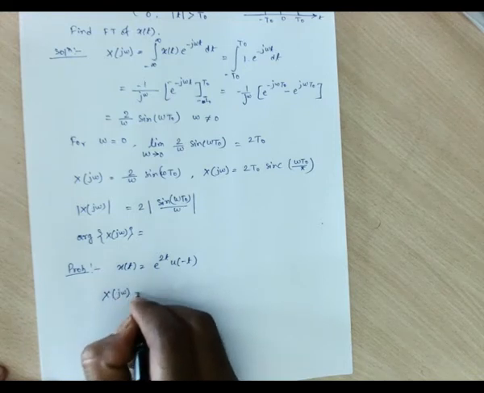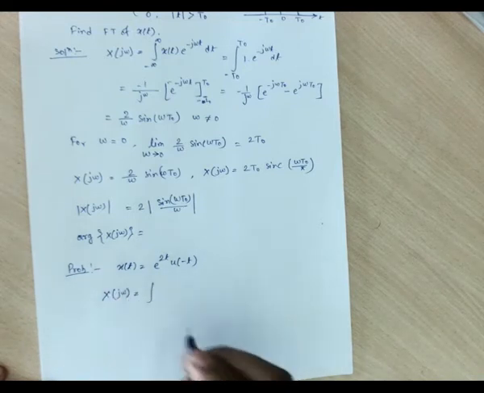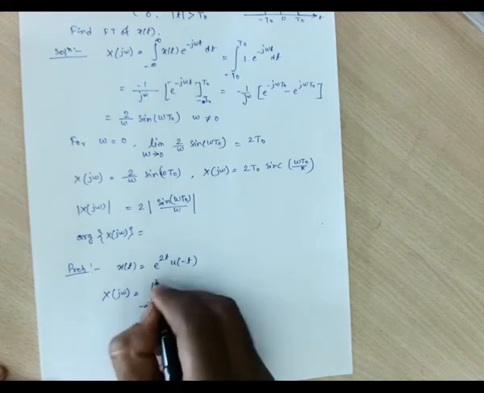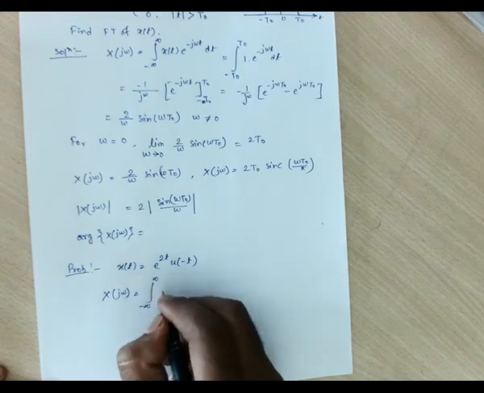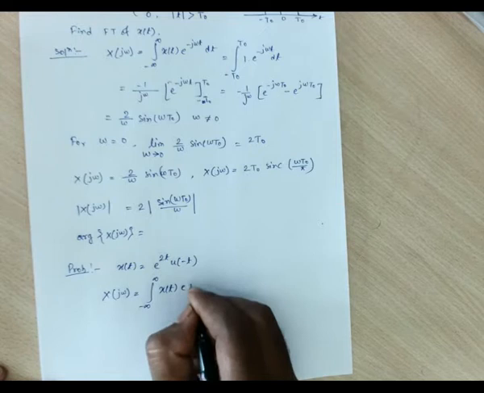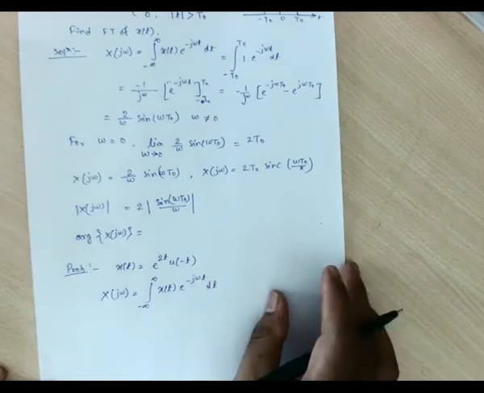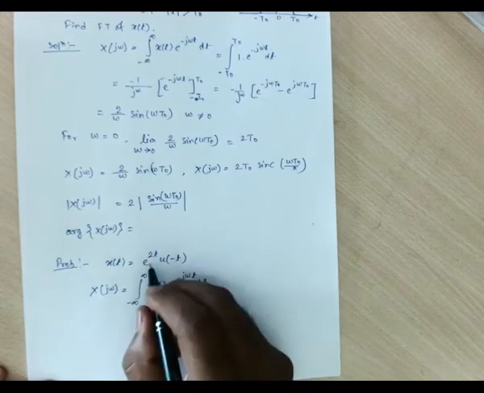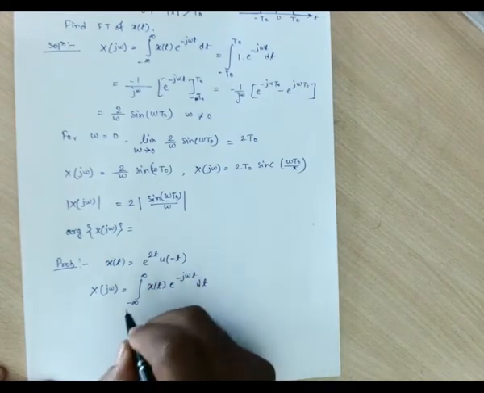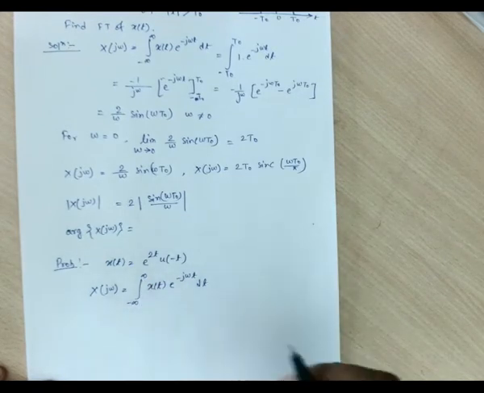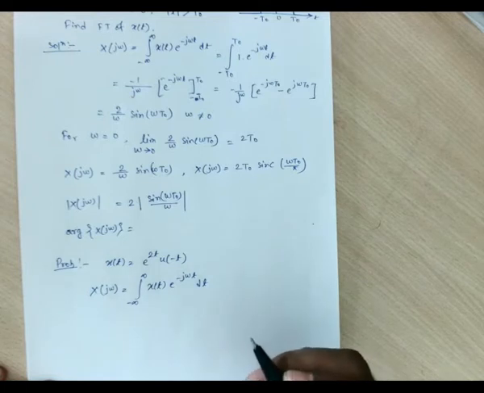X of j omega is the integration from minus infinity to infinity of x of t e to the power minus j omega t dt, right? So here x of t is e to the power twice t u of minus t, so it will start from minus infinity and go up to 0.